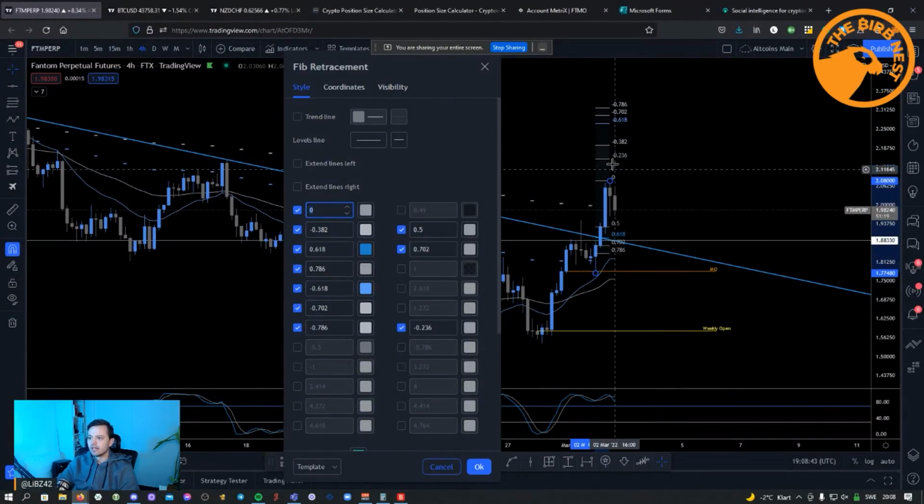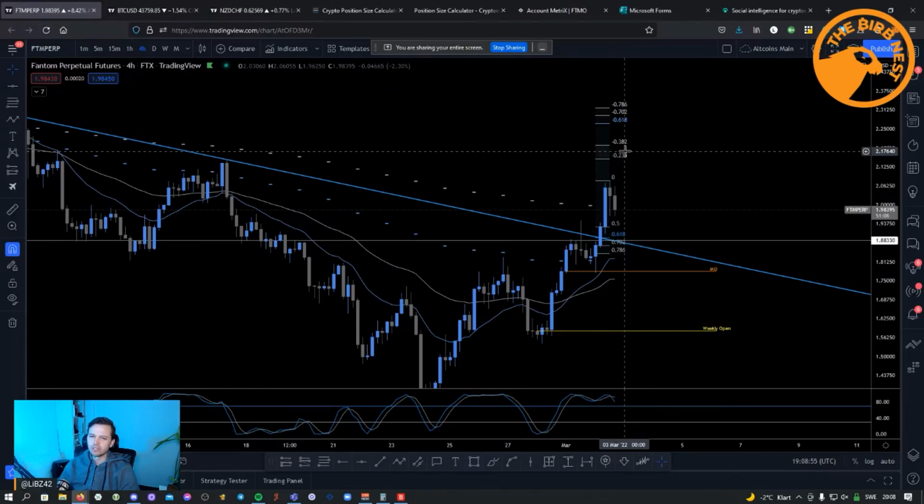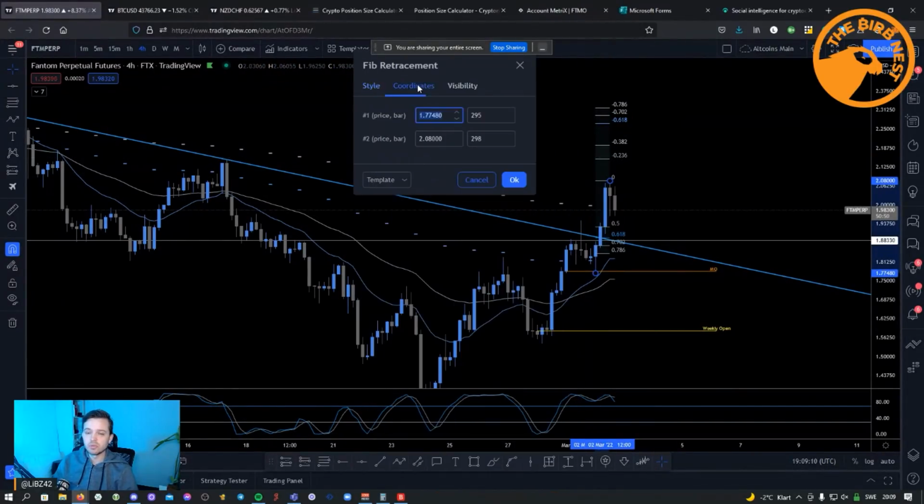And then I have the minus 236, the minus 382, and then the minus 618, 702, and 786, just like the one down here. The minus 382 is only really used for figuring out the average R of my system, because if I take TP1 here, TP2 here, and TP3 here, that will be my average exit. I will make a new video talking about my take profit strategies in the future.